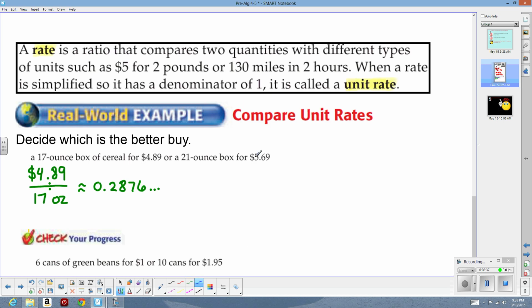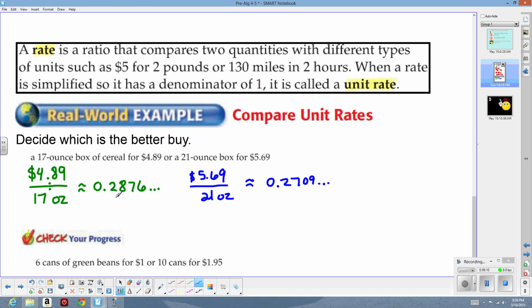Now let's try the other one. 21-ounce box for $5.69. We're going to take $5.69 and divide it by 21 ounces to figure out how much it is for 1 ounce. So $5.69 divided by 21. That works out to be about this, 0.2709 and some more numbers after that.